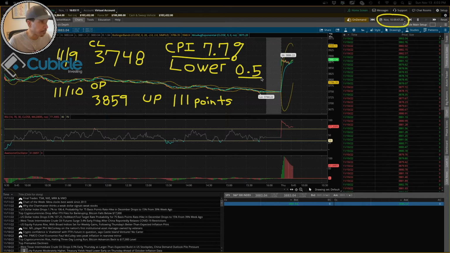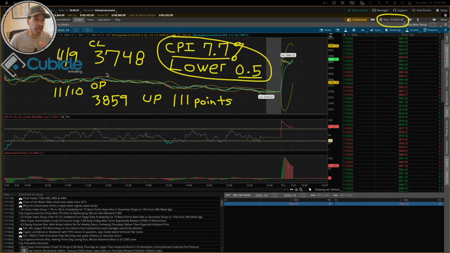Eastern Standard Time. And so when the market opened an hour later, because of this good news story, the market immediately out of the gate skyrocketed, and it jumped 111 points.